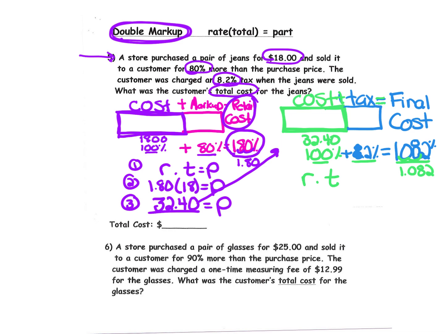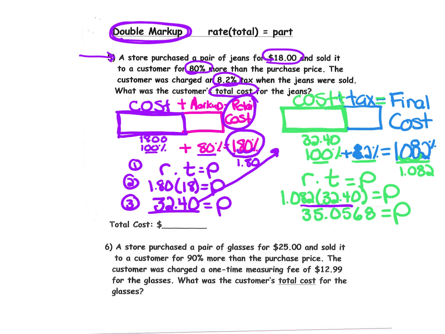R times T equals P. 1.082 times 32.40. Grab your calculators and punch in 1.082 times 32.40. Now we may have to do a little bit of rounding to the nearest whole penny, but write down your answer that appeared on the calculator.